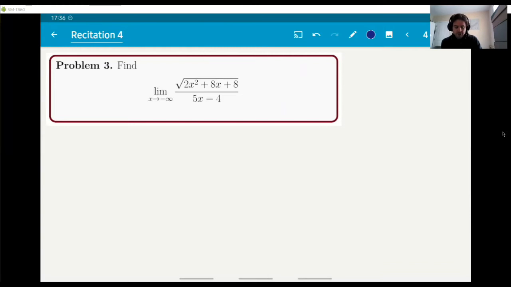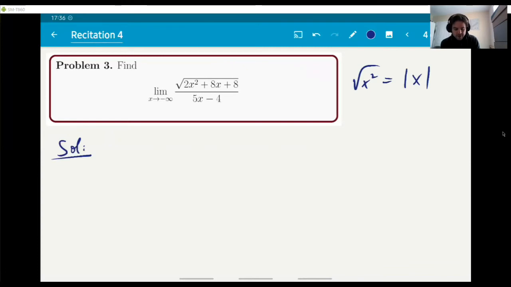And this one can be tricky because of minus infinity and square root of x squared. I'm once again reminding you about the fact that square root of x squared is not x, but absolute value of x. We're definitely going to use this here. So what is the solution to this problem?